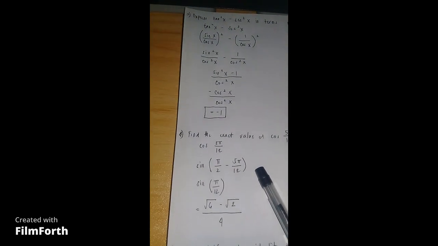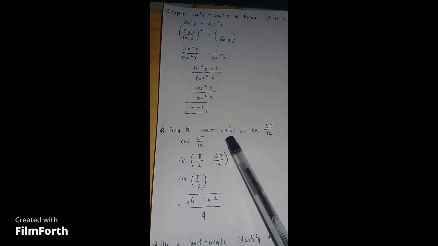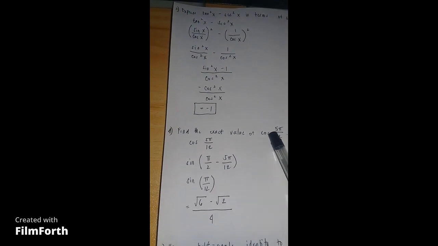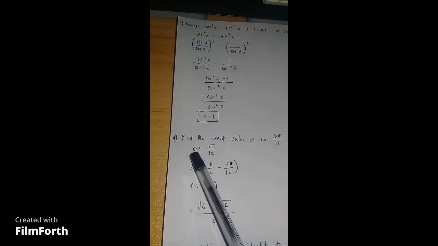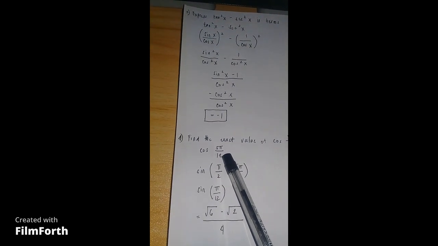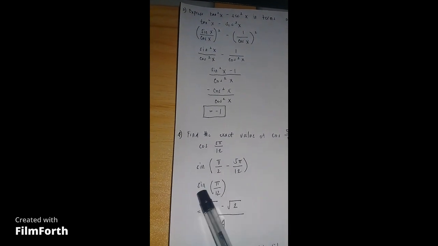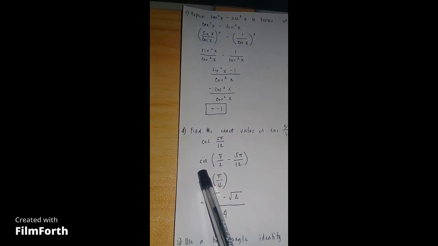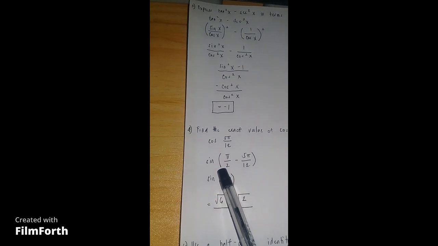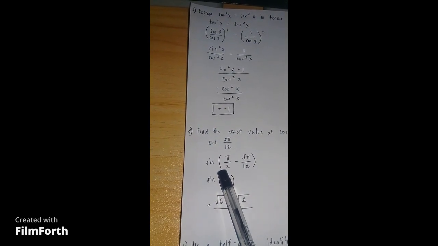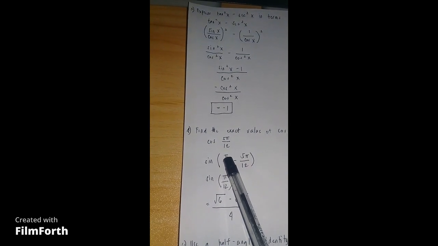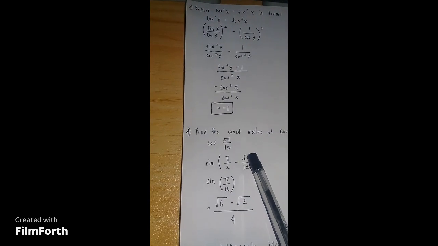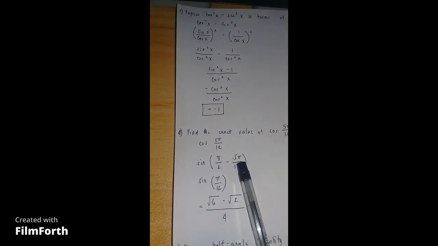So we have here number 4. Find the exact value of cos 5 pi over 12. So copy cos 5 pi over 12. So our formula here, just simplify: sin of the quantity pi over 2 minus 5 pi over 12.